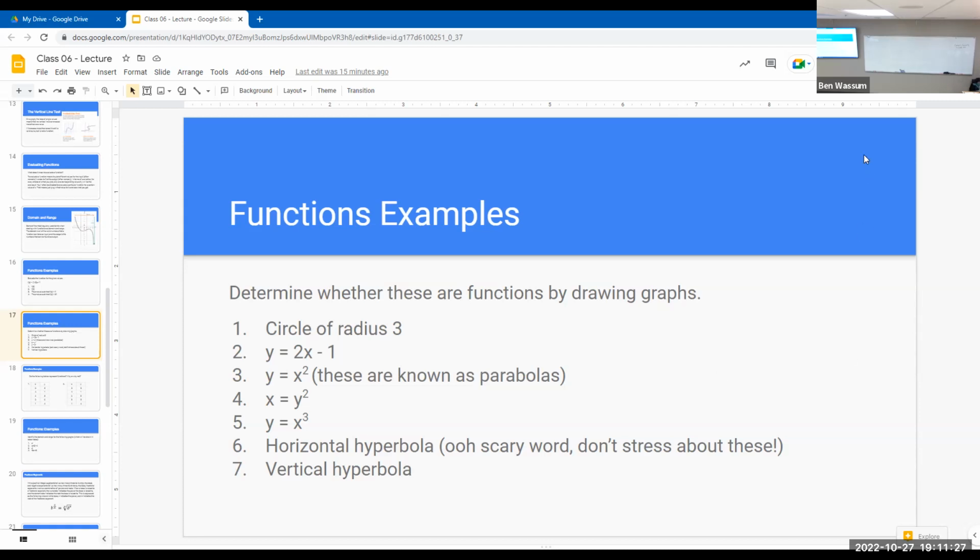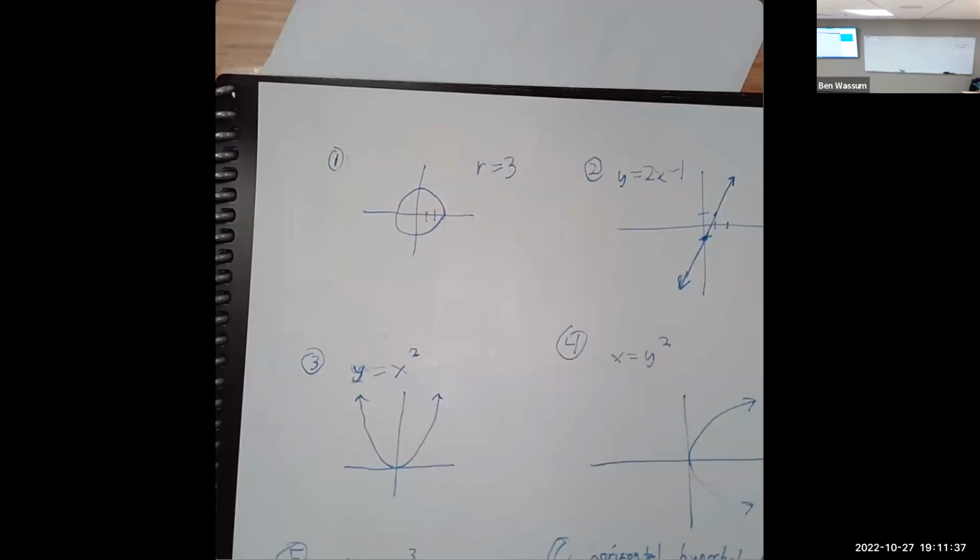Because the cubic functions definitely pop up. The conic sections, so like parabolas and hyperbolas, those pop up a lot, particularly hyperbolas. Parabolas, not much. Or other way around, hyperbolas not so much. Parabolas all the time, all the freaking time. So all we're going to do is determine whether or not these are functions.